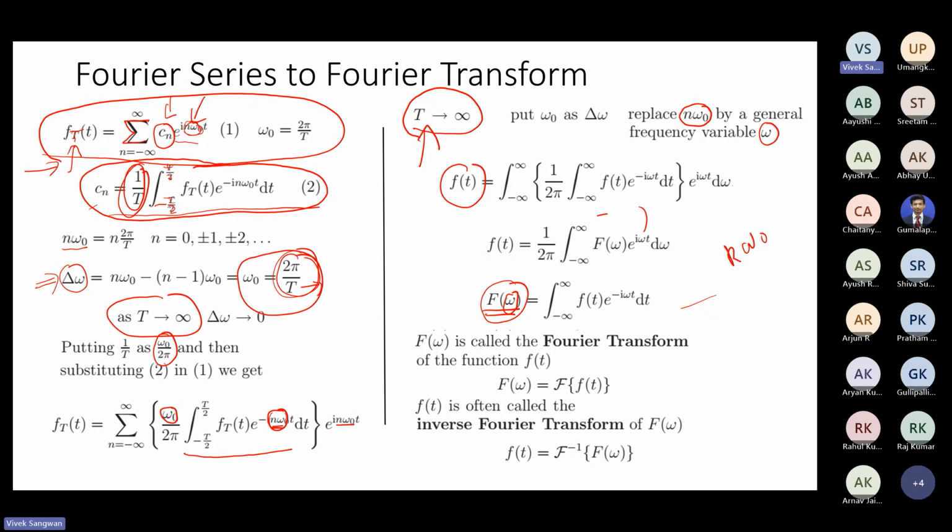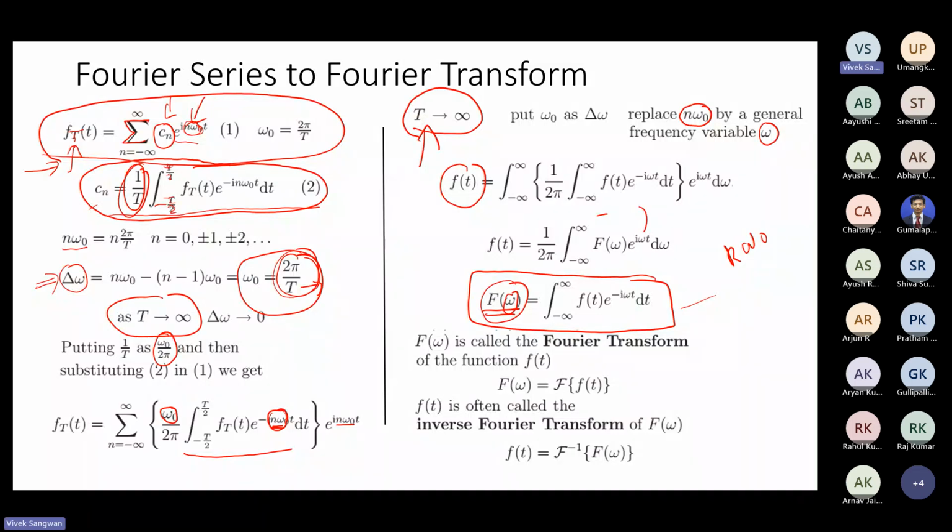So what essentially the Fourier transform is telling you is that you can take an arbitrary function. Sometimes these integrals do not exist, and that is a drawback of the Fourier transform. For many functions, it does not exist.